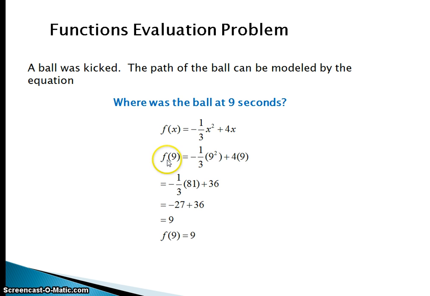So I see that f of 9 is equal to 1/3 times 9 squared plus 4 times 9. And after I do all this math calculation, I will come to the conclusion that f of 9 is equal to 9. Therefore, the ball was at 9 feet in the air at 9 seconds.